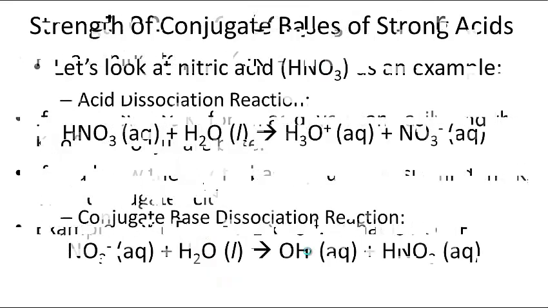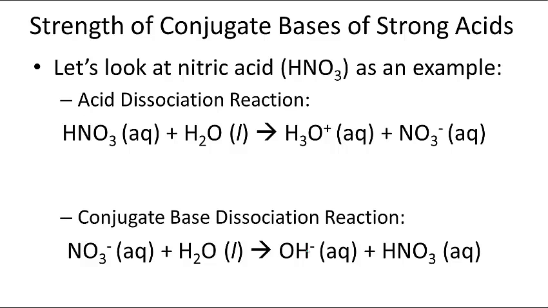All right. So let's consider nitric acid. What kind of acid is nitric acid? Strong. All right. Remember, nitric acid is strong. So the Ka is effectively what? Infinity.